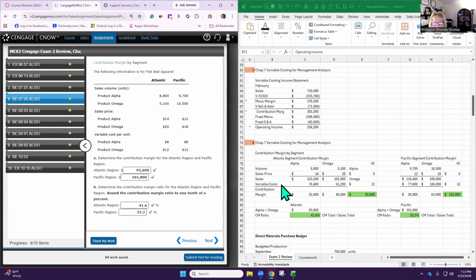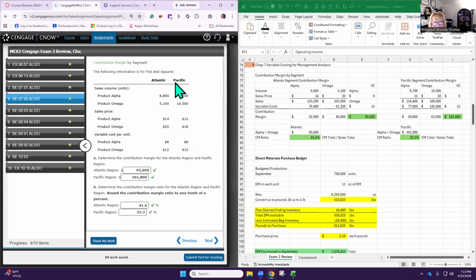Okay, this is two segments of a business, and they're going to have volume of a product called Alpha and Omega. Now I have put mine together a little bit differently. So here is the Atlanta segment contribution margin.